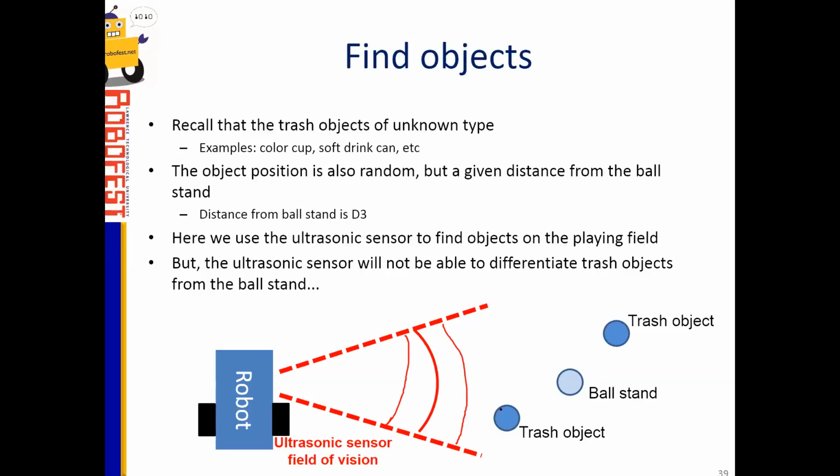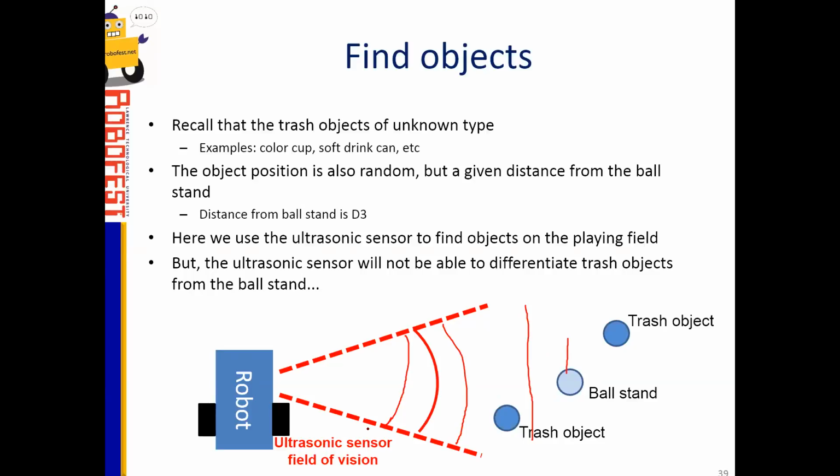Now, if you know that the ball is at 40 centimeters, you could have your ultrasonic sensor looking for things that are less than 38 centimeters. So it won't see the ball stand, but might see the trash object. Remember, your robot will be line following along the edge of the field, using the ultrasonic sensor to look for the objects.